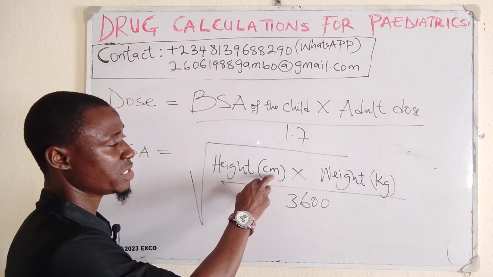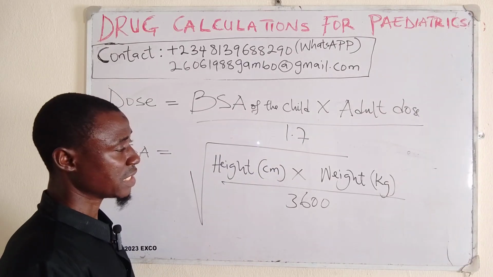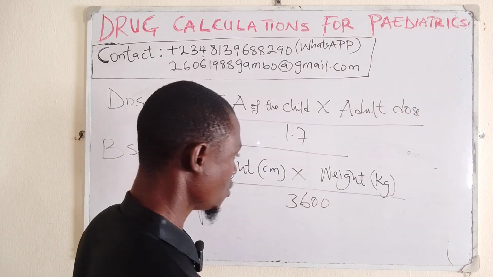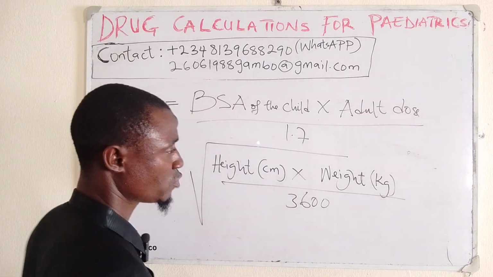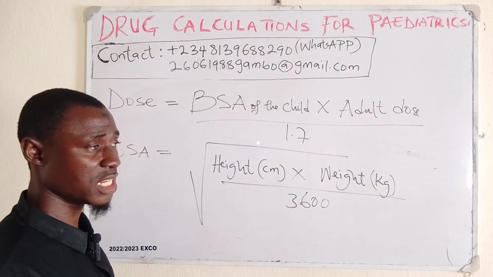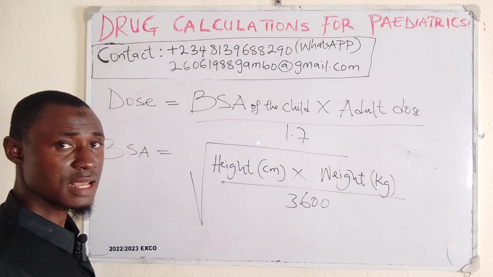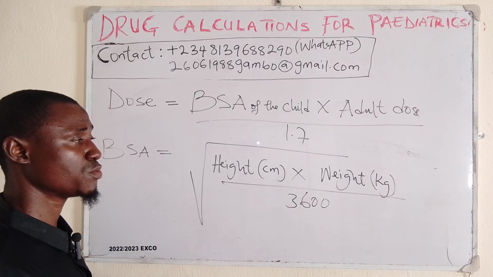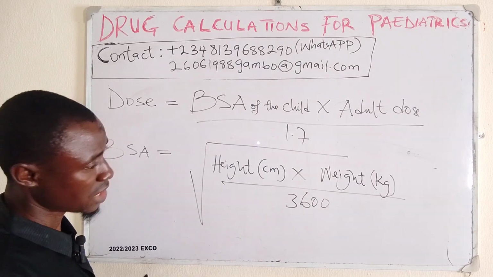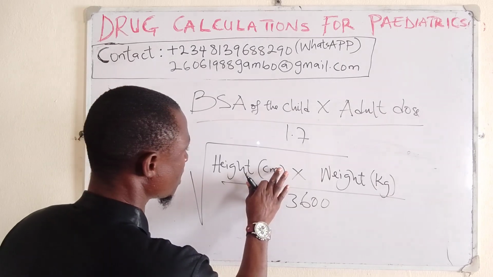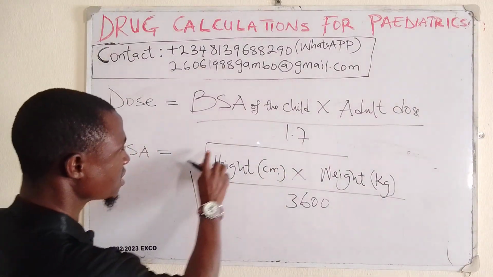But majorly they are in centimeters. Then of course the denominator, which is 3,600. So this is the best equation. The first Mosteller equation suits our environment, where we don't need to go through the stress of converting from one unit to another. So now, the second Mosteller equation, of course, all of this is squared.